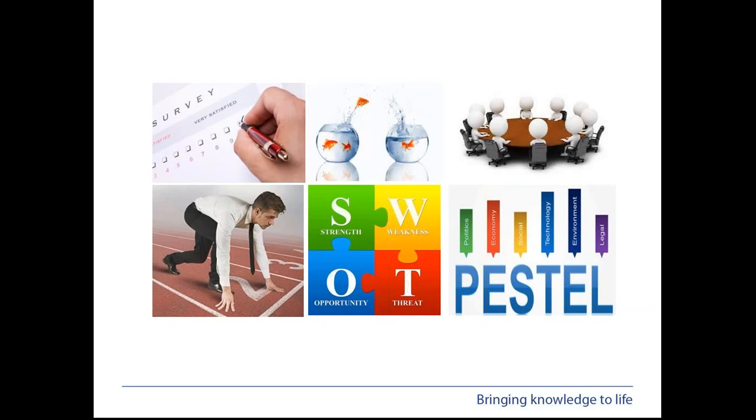Another technique used is the PESTLE analysis, where, rather than focus on our strengths and weaknesses and threats like we would in SWOT, we would focus on other elements. We would focus on the political aspect, political with the big P, political with the small p. What are the internal politics of this organization? What can we do? What can't we do?